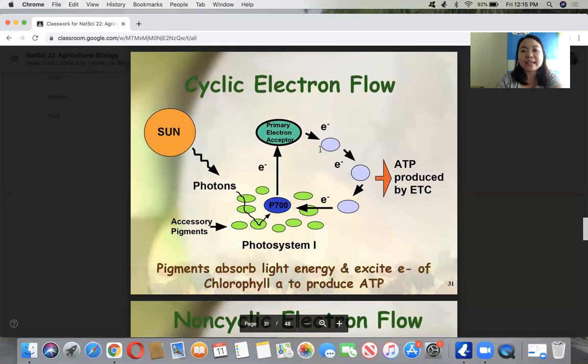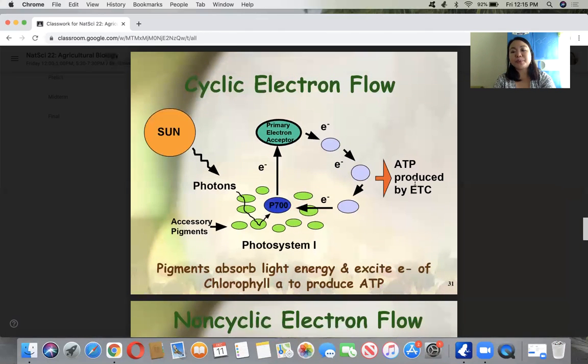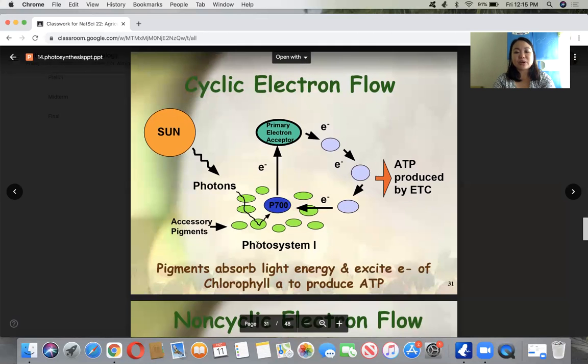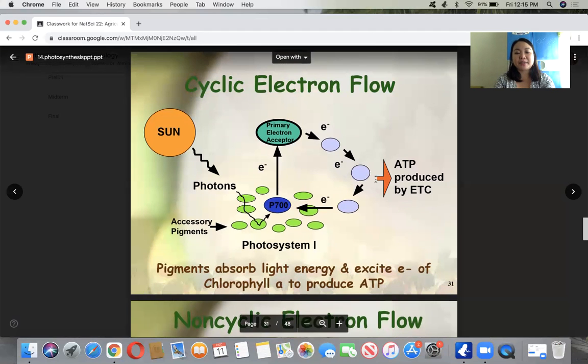So in the cyclic electron flow, you can see here in photosystem 1 the different chemical reactions that are happening in order to produce ATP by the ETC. Pigments absorb the light energy, and the excitation of the electrons of chlorophyll produces ATP.